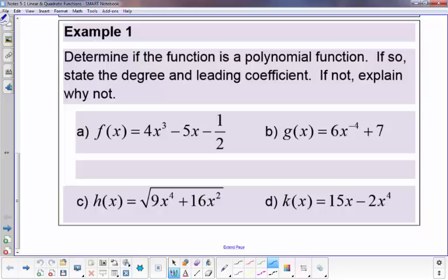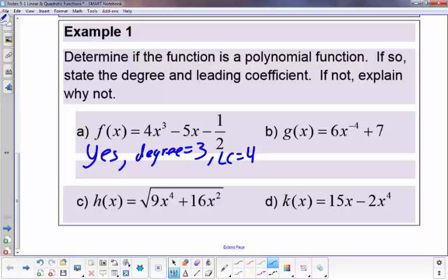So knowing this, yes, it is a polynomial function. And our degree is our highest exponent, so in this case it's 3. And our leading coefficient, I'm just going to put LC for that, is whatever's in front of that, which is 4. So the degree is 3 and the leading coefficient is 4.